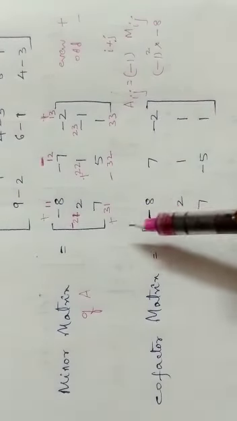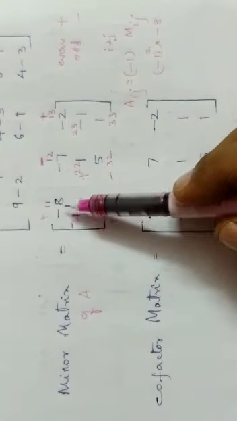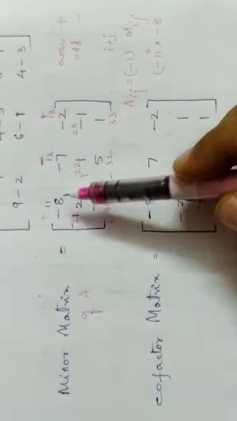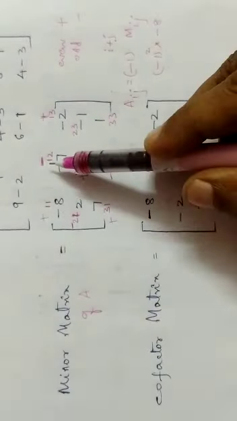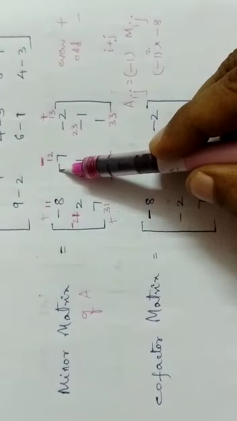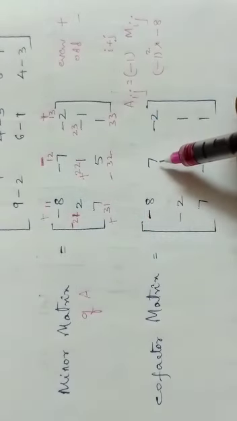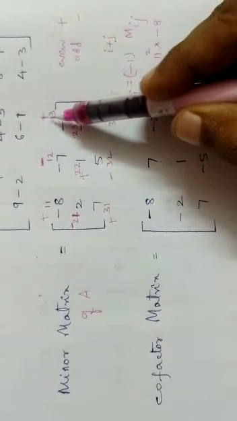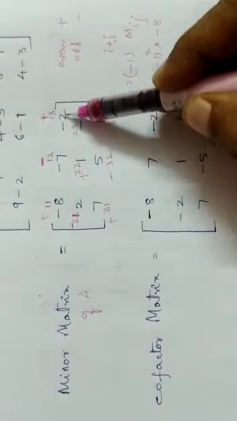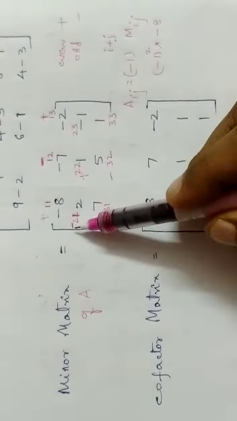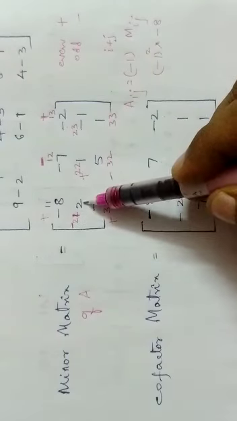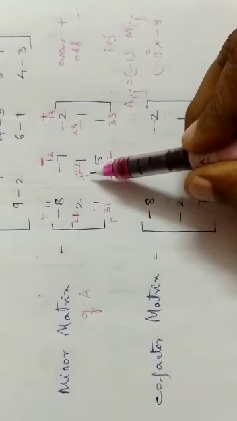See here. Multiply this with this. Plus into minus 8, minus 8. Minus into minus, plus, so plus 7. Plus into minus, minus, so minus 2. Minus into 2, minus 2.